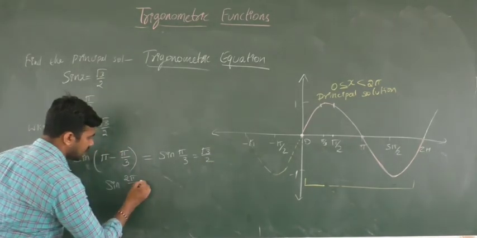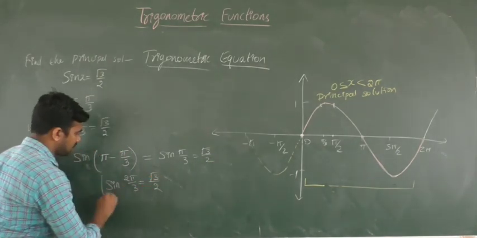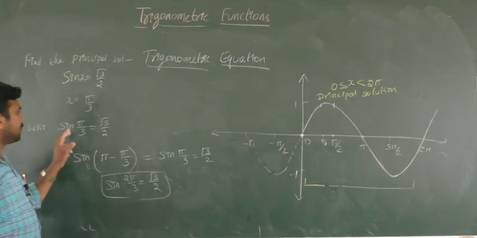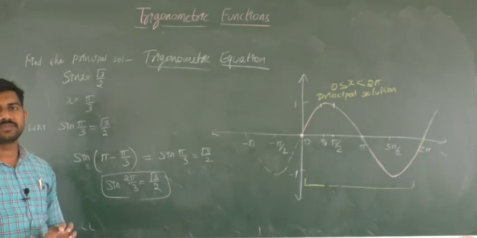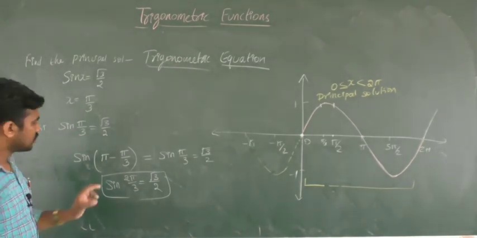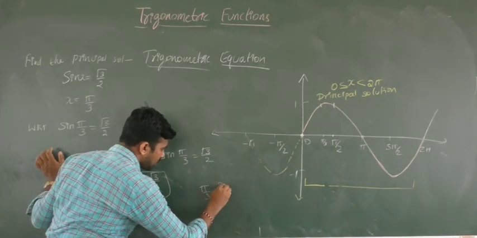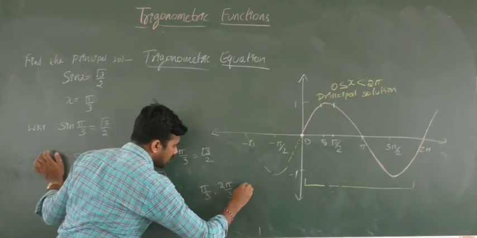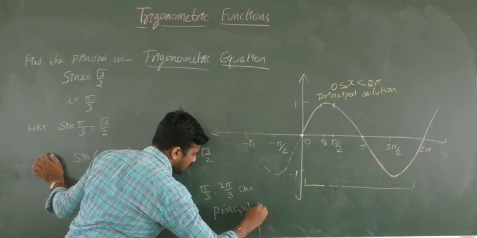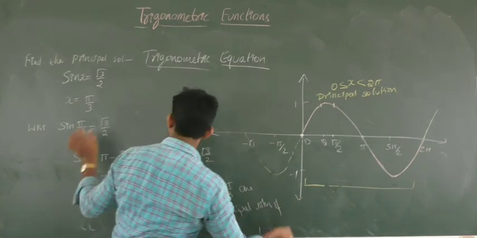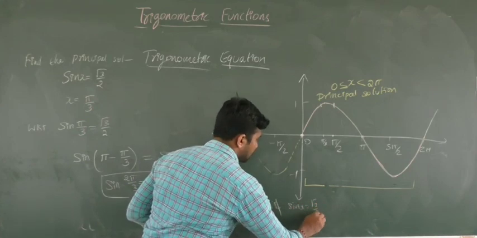So sin pi by 3 is root 3 by 2 and sin 2 pi by 3 is also root 3 by 2. These two, pi by 3 and 2 pi by 3, are the principal solutions of sin x is equal to root 3 by 2.